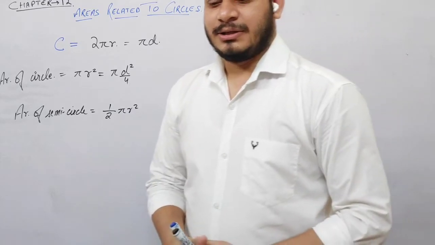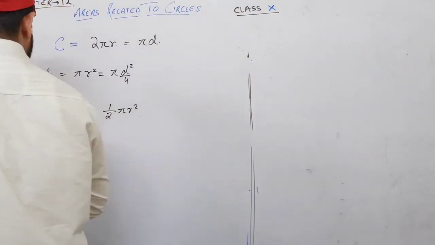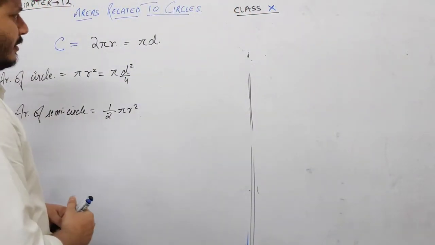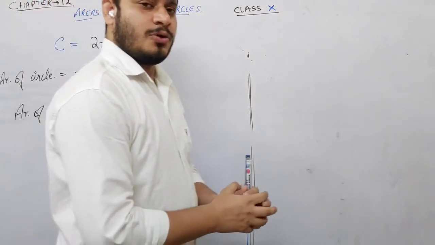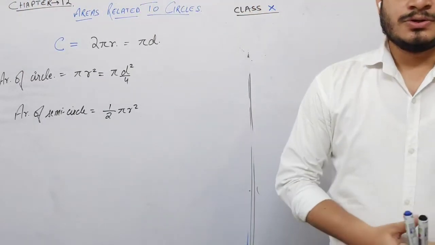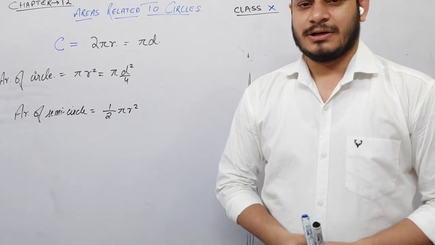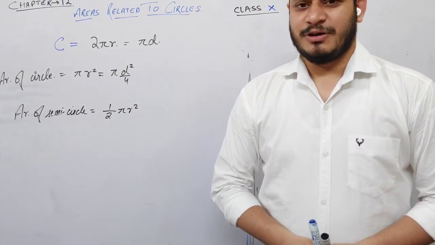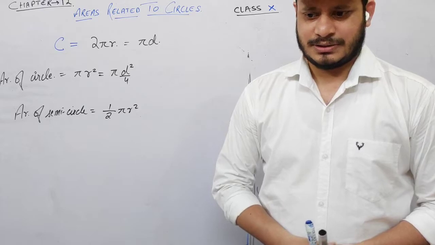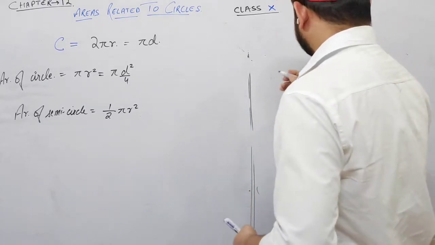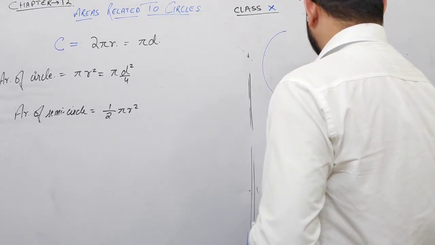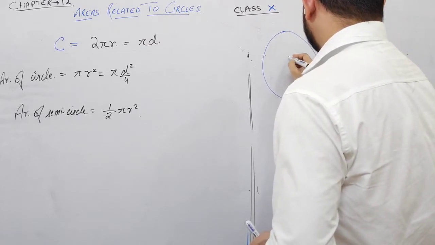Now move to the next topic, which is concentric circles: what are concentric circles and the area between two concentric circles. Let's draw two concentric circles.